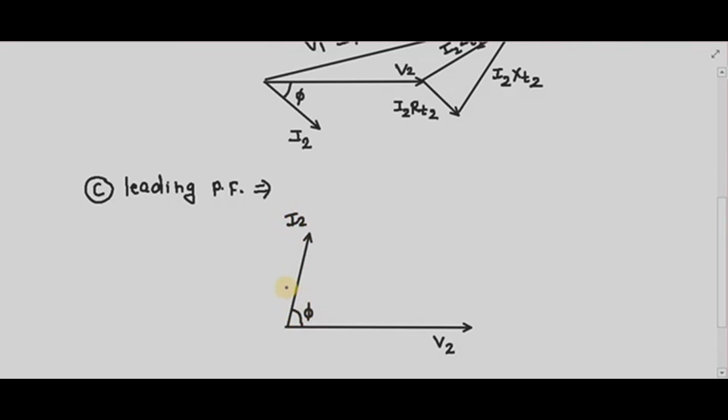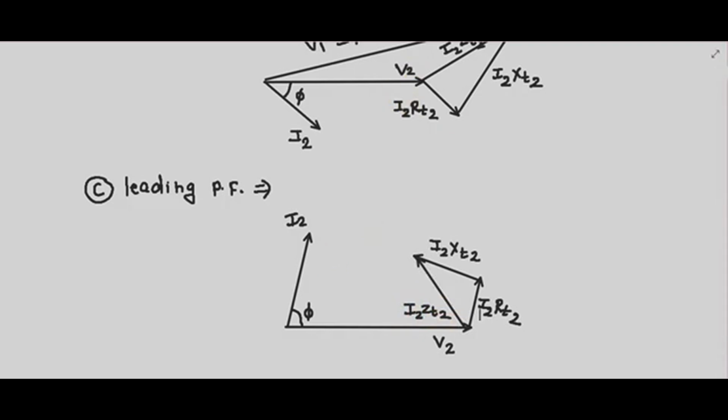Then from the tip of V2 I will draw the I2 RT2 drop, which is parallel to I2. So this is your I2 RT2 drop in phase with I2. Then perpendicular to I2, I will mark my I2 XT2 drop, and by vector addition of my I2 RT2 and I2 XT2, I will get I2 ZT2, right?